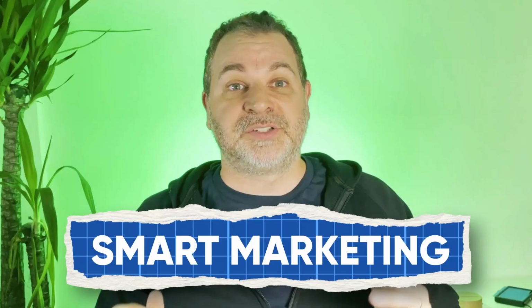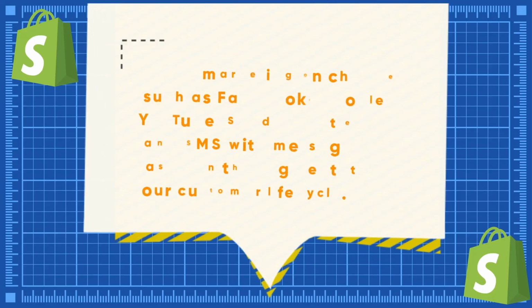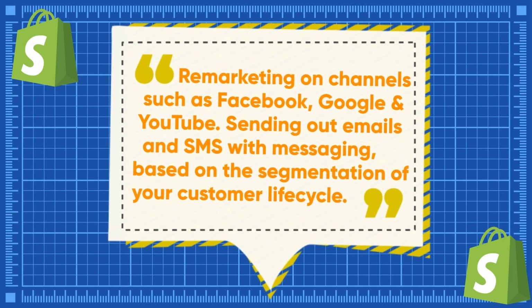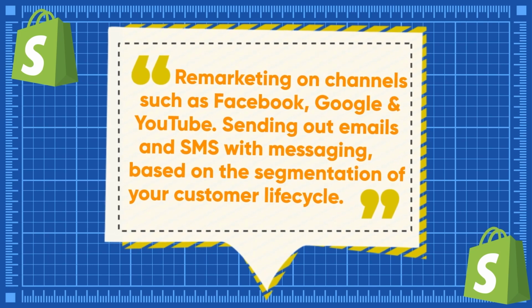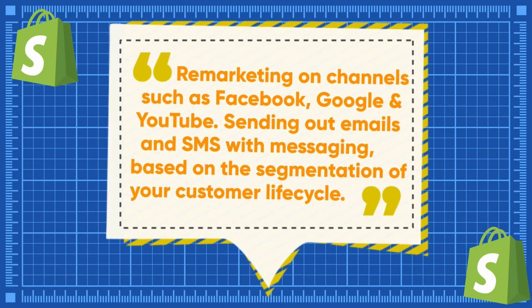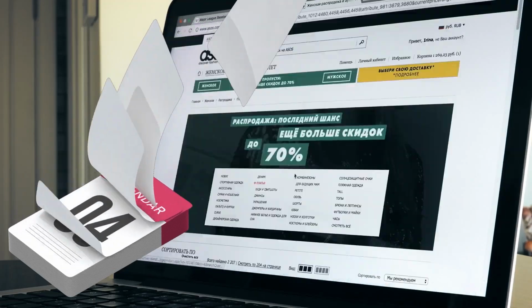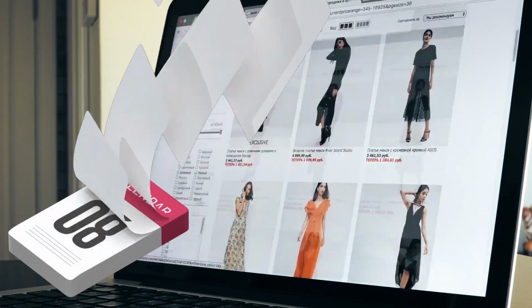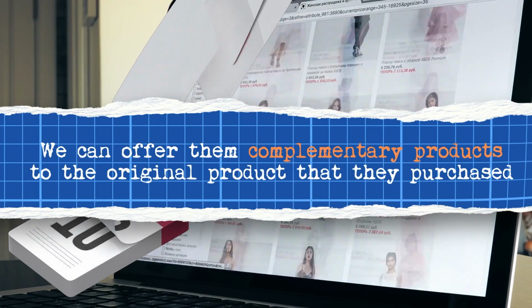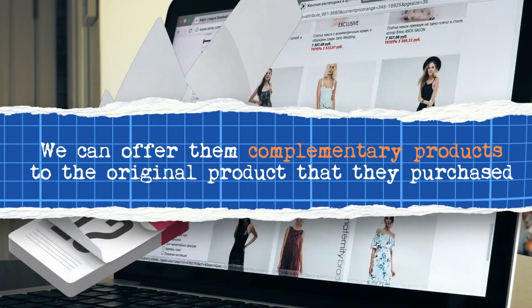You do this through smart marketing. Again, through remarketing on channels such as Facebook and Google and YouTube, as well as sending out emails and SMSs with messaging based on the segmentation of your customer's life cycle. For example, if a customer hasn't purchased an item for a specific period of time, say a month, then we can offer them complementary products to that original product that they purchased.